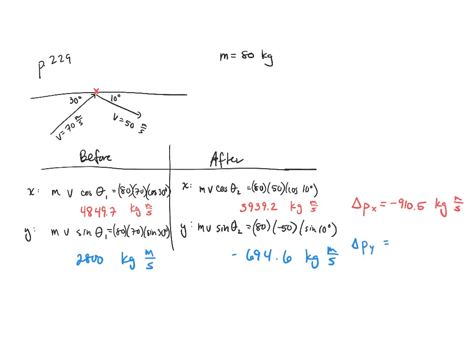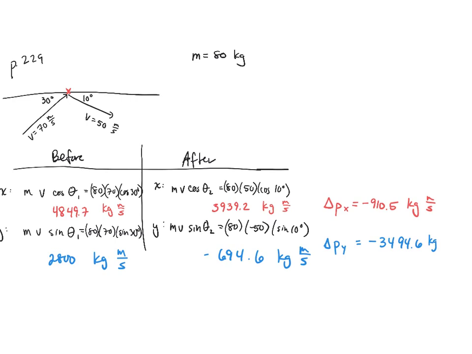What do we get? Negative 3494.6. Is that right, Chip? Yes. Okay.